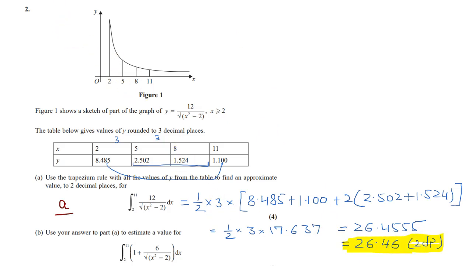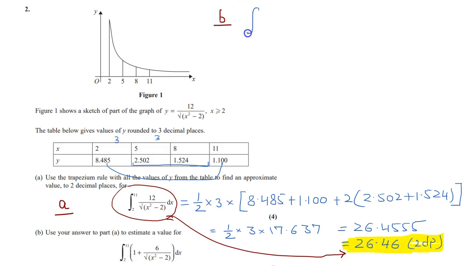Now part B is use your answer. We use this answer. What it's saying is that this one is equal to this. So whenever we are going to use this answer, let's find these values.